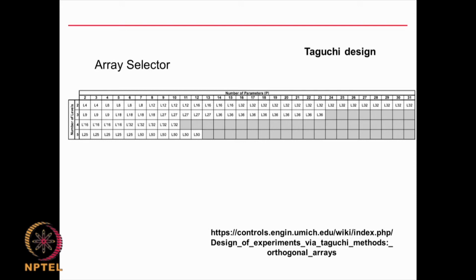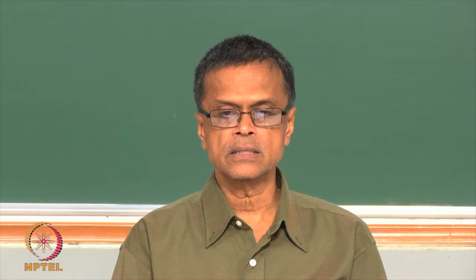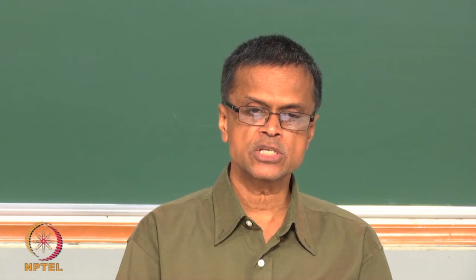We cannot use the results we get to develop a second order type of model, we can use it to develop a linear model, not a quadratic model. So, screening designs are used for eliminating many parameters which are of no significance, okay, and screening designs can be used to develop a linear relationship.